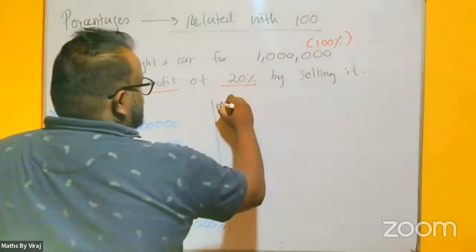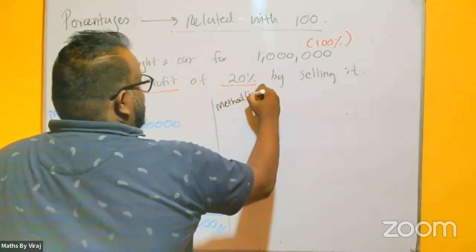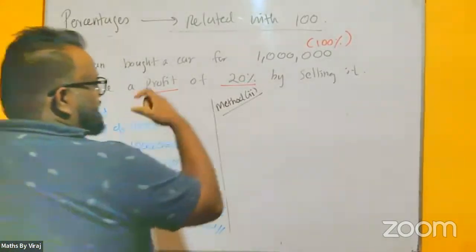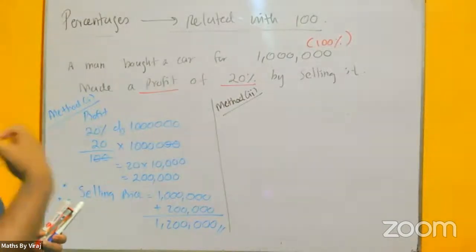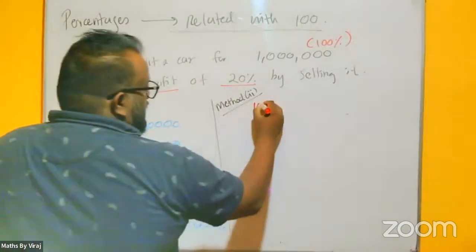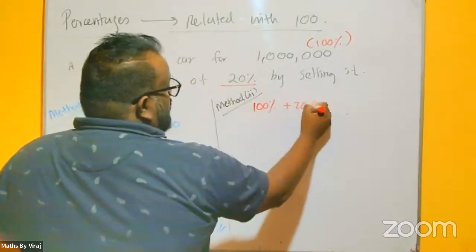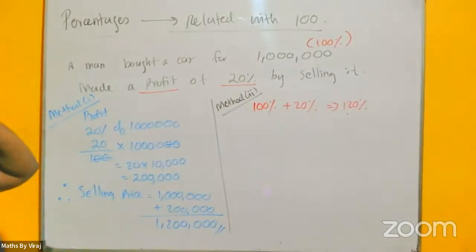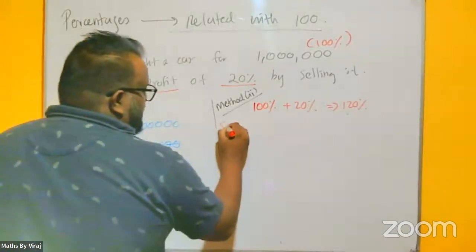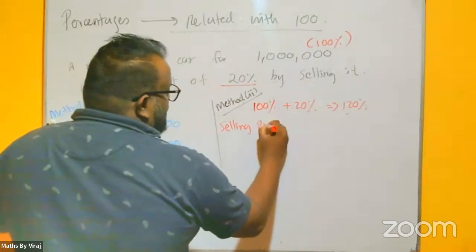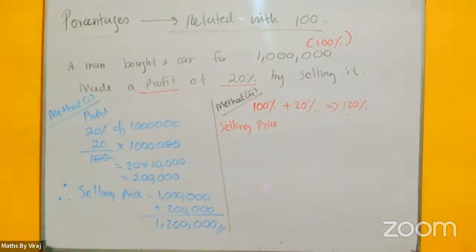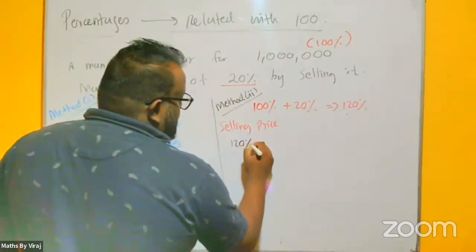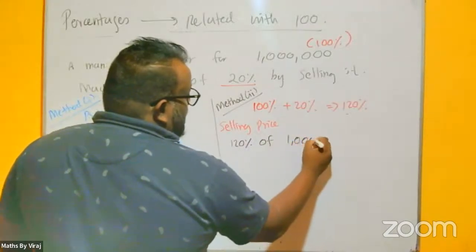Method 2. What is method 2, children? This is my 100% value and I have made a profit of 20%. So what is it? 100% plus 20% is what? 120%. Here, at once I am going to calculate the selling price. So what is it now? 120% of 1 million.